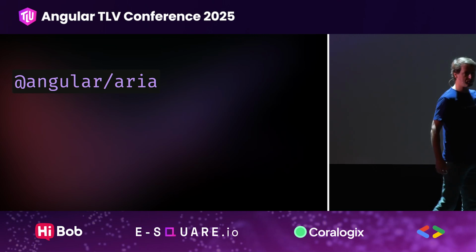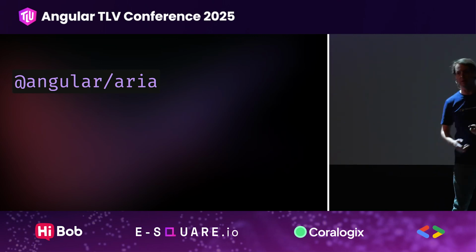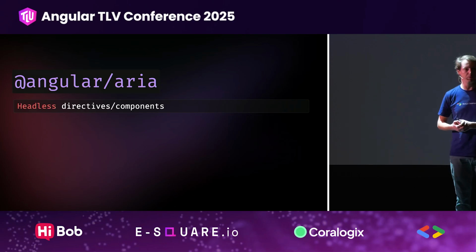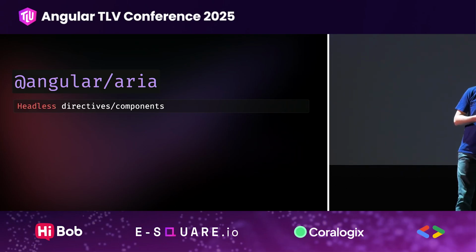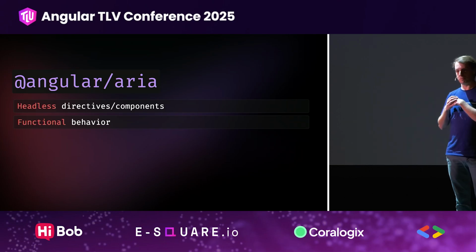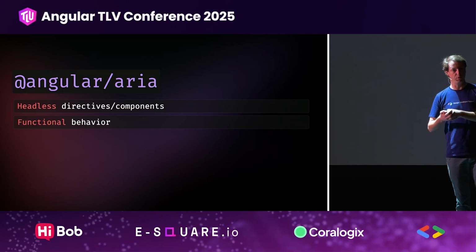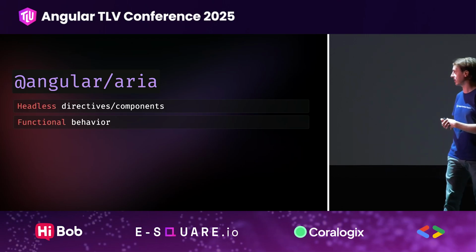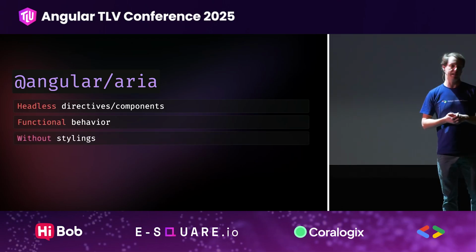Second, we'll introduce a new package called Angular Aria. Angular Aria is a library of headless components and directives. By headless, I mean components that will have a functional behavior, like autocomplete, some toolbar, things like this, but without any stylings.